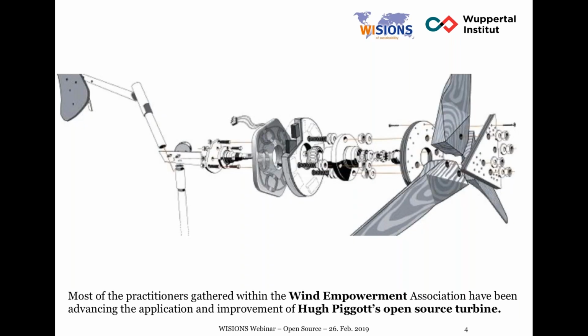Another great example is the open source wind turbine designed by Hugh Piggott. His design is the basis for practitioners from around the world in the Wind Empowerment Association, and WISIONS has been supporting the consolidation of this association for almost 4 or 5 years.